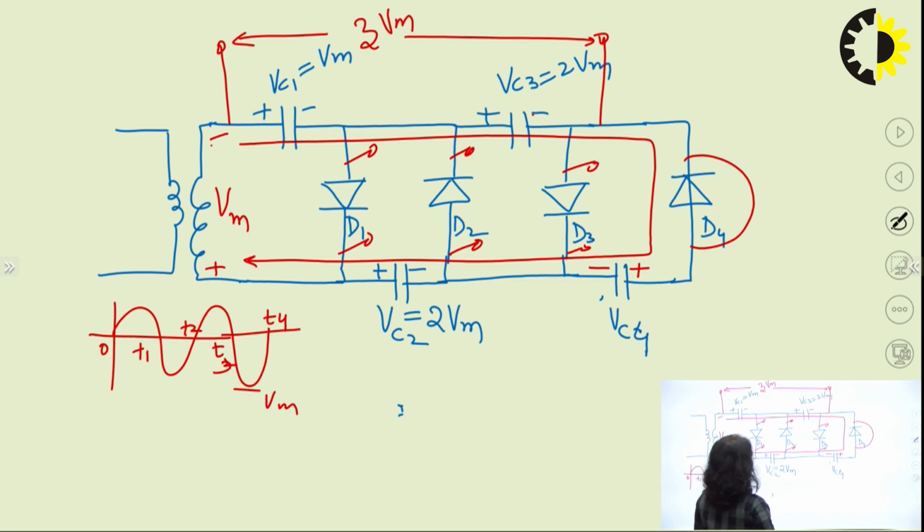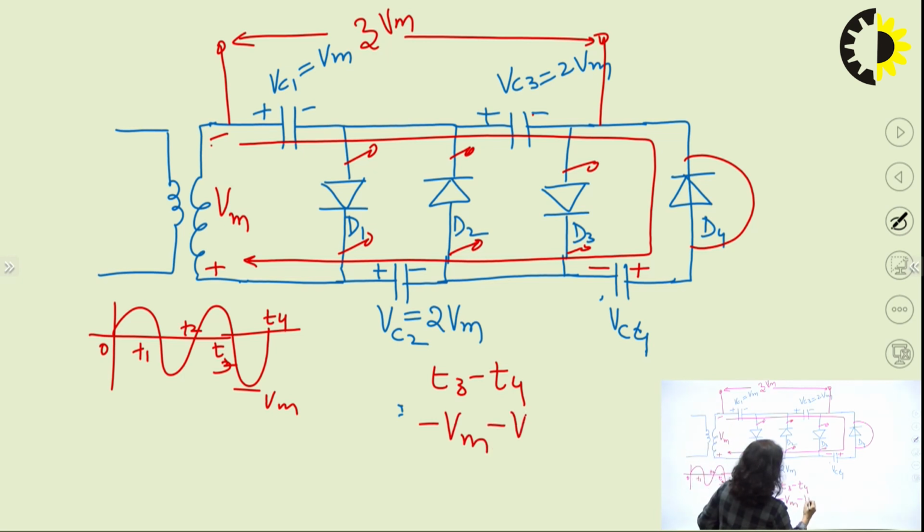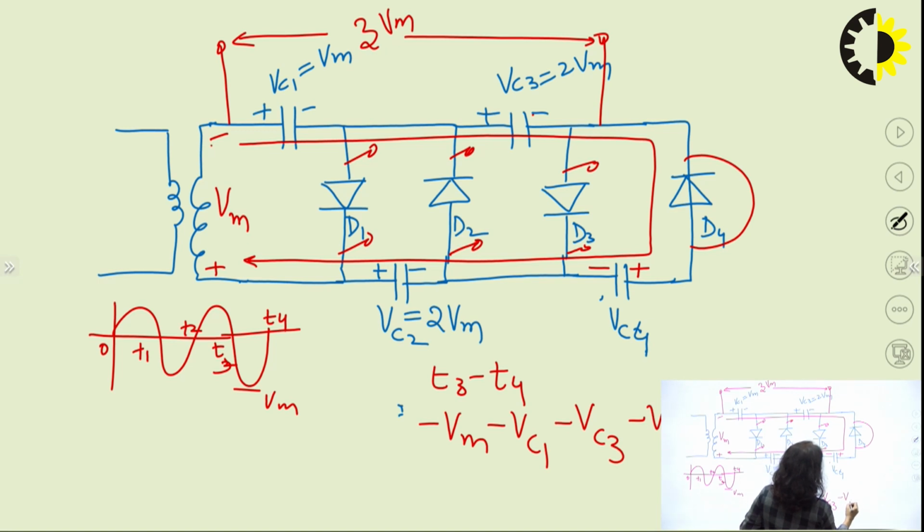If we write the KVL during the time period T3 to T4, the KVL will be minus of Vm minus Vc1 minus Vc3 minus Vc4 plus Vc2 is equal to 0.